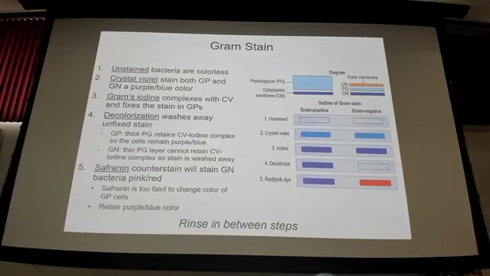Off to the right, we have a schematic that should mirror the text on the left. And then a cartoon too of what we just saw in the last slide, showing us a really thick layer of peptidoglycan for gram-positives and a really thin layer of peptidoglycan for the gram-negatives. When we start off with our specimen, we're taking it, let's just say, from a plate. So we have a pure colony from a plate.